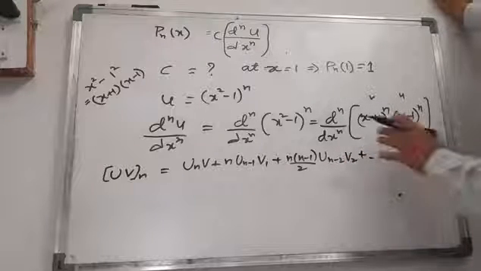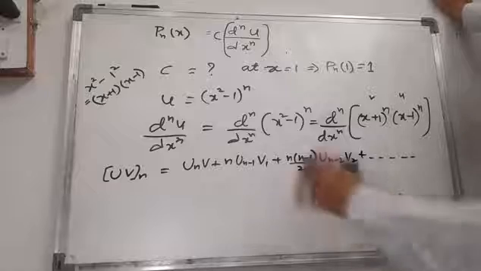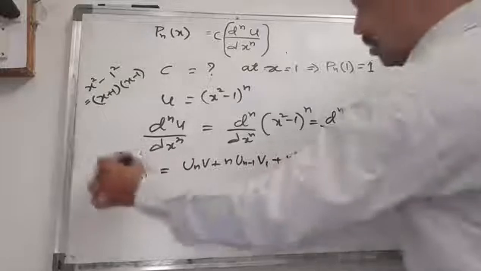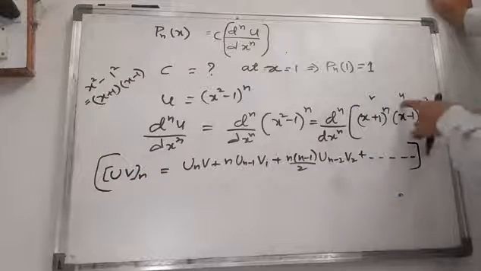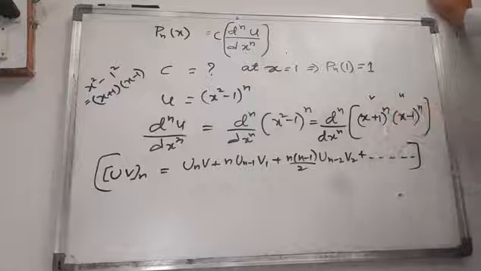So we have to differentiate this one, and to do this differentiation we use the Leibniz theorem. You take this function as u, you take this function as v.